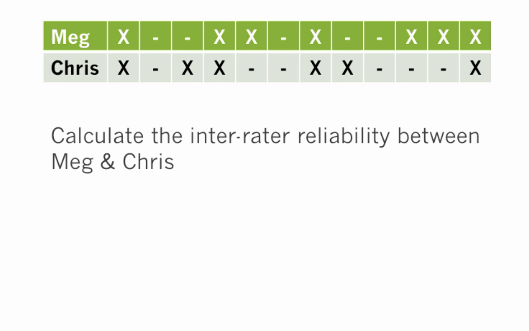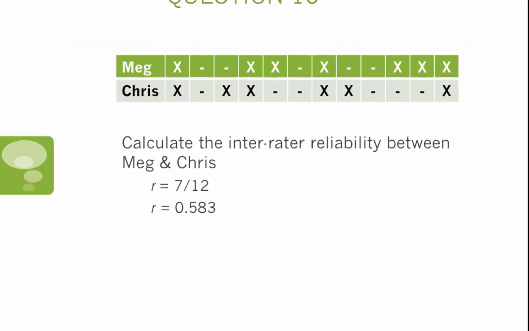And how many times do they agree? 1, 2, 3, 4, 5, 6, 7. 7 divided by 12 gives us an inter-rater reliability coefficient of 0.583.